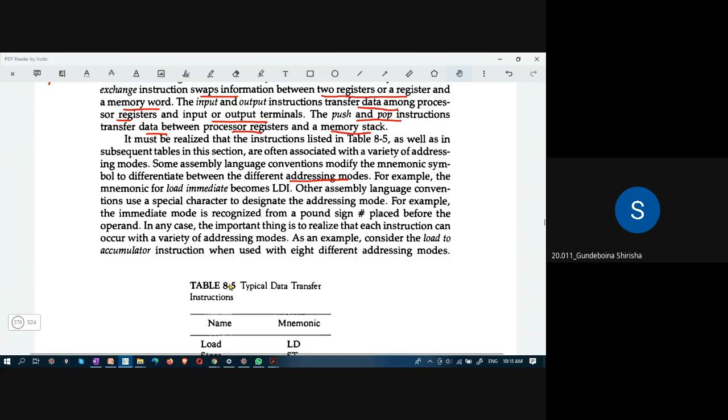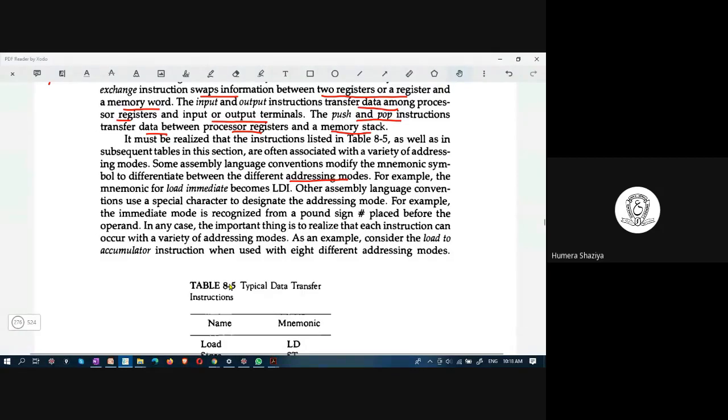Immediate, implied, register mode. Relative, ma'am. Yes, relative. Auto increment, auto decrement mode. Yes, yes. Very good. These are the addressing modes.